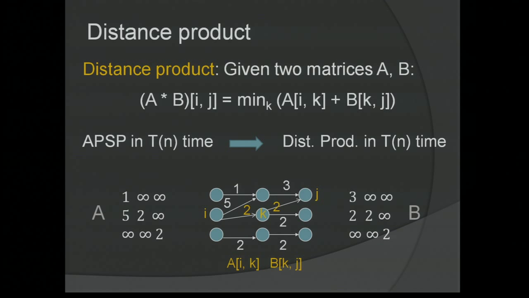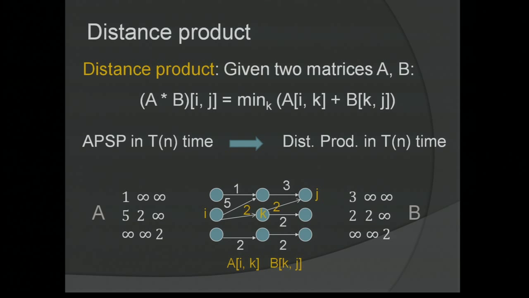Okay. Now, for the edges between the middle and the right, I put the weight of them corresponding to matrix B. So on the edge from k to j, I'll have the kj entry of B, and on the edge from i to k here, I'll have the ik entry of A. And now this graph is directed from left to right, and if I compute the shortest path between every node here and every node here, I will actually get exactly the entry of the min-plus product, the distance product.